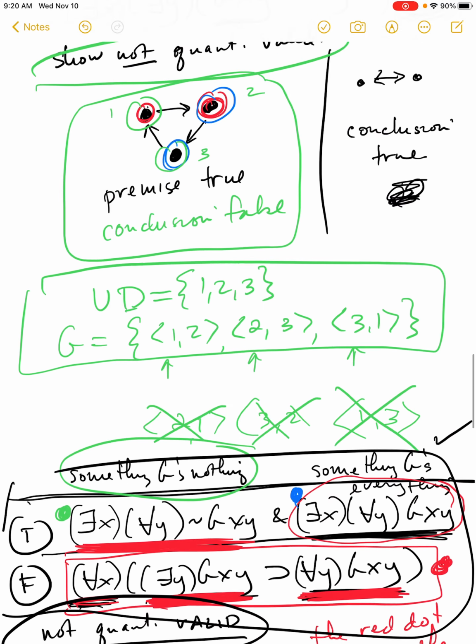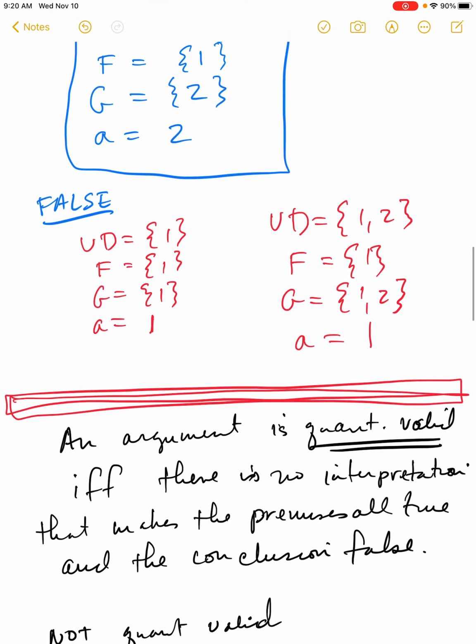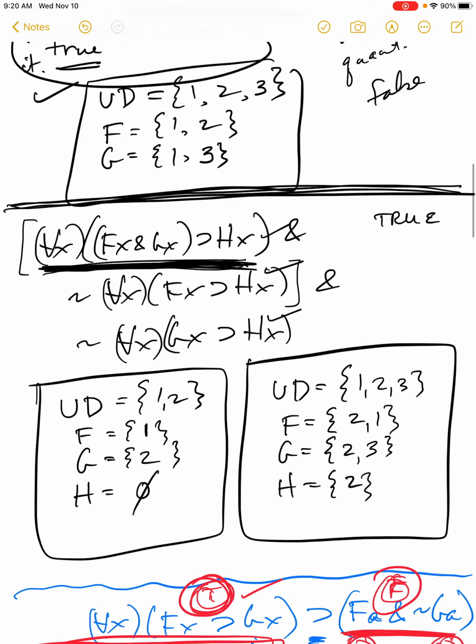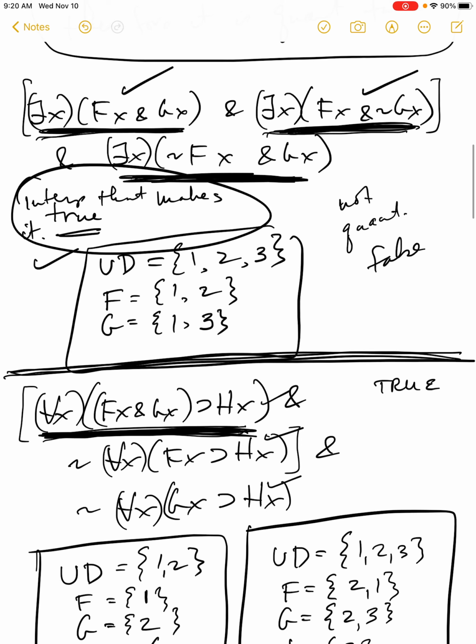Other problems that you might do will involve constructing interpretations rather than giving arguments. If you want to show that a sentence is indeterminate, you must give two interpretations, one that makes it true, one that makes it false. This is actually constructing interpretations, where you give a universe of discourse, meanings for predicates, and reference for constants if there are constants.